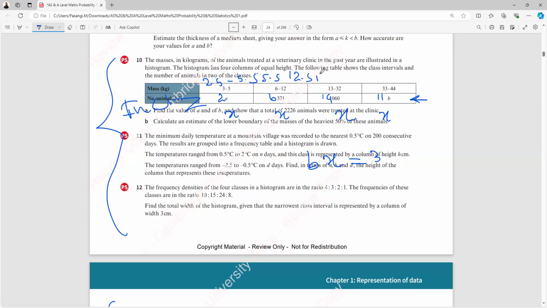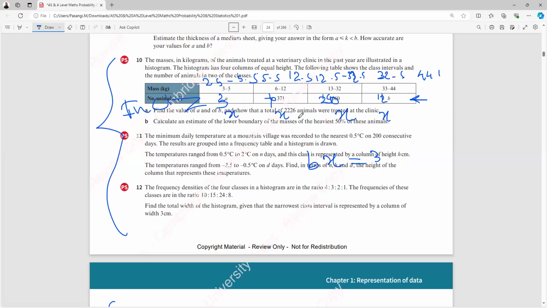Then here we have 12.5 to 32.5. And then here we have 32.5 to 44.5. So that means the width is 3, width is 7, width is 20, and then the width is 12. That's how it is.